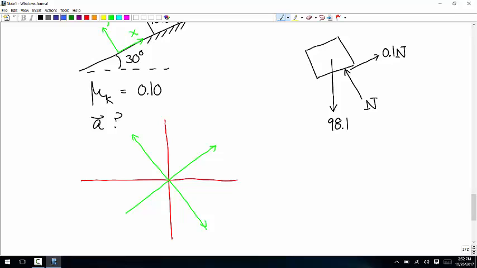This is 30, this is 30, and this is 30. And then the weight isn't affected by this change in coordinate system. It's still just straight down with a magnitude of 98.1.